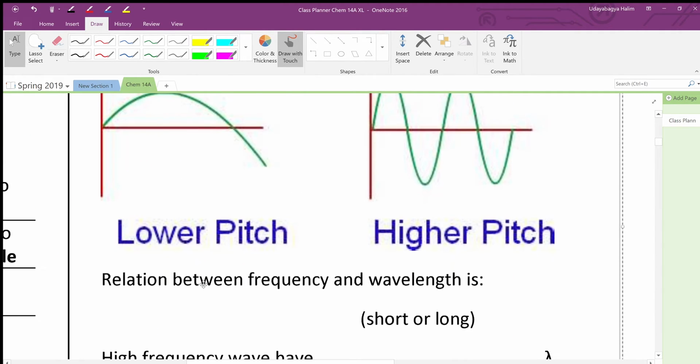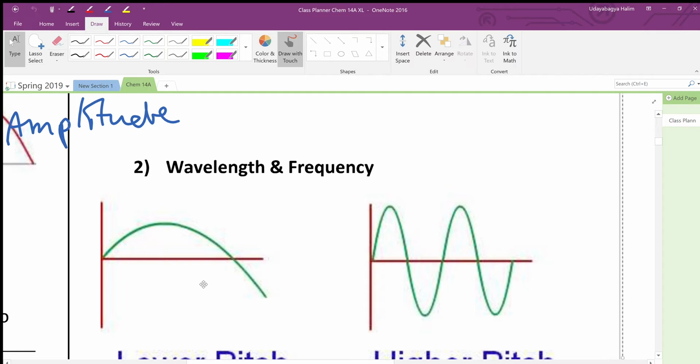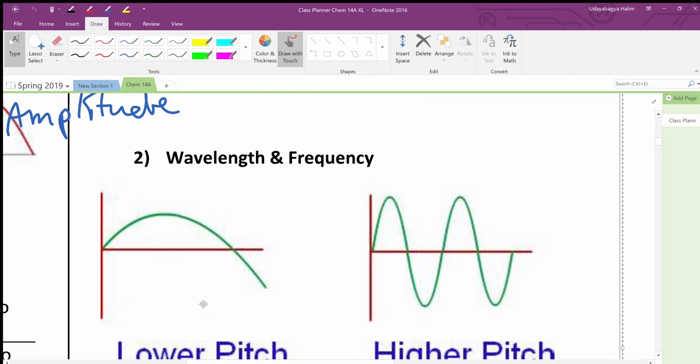And then if you have wavelength and frequency, if you have a wave that looks like this, that is a long wavelength, whereas this one is a short wavelength. Very similar to sound, if you have a bass, which is low frequency, then you have a long wavelength.